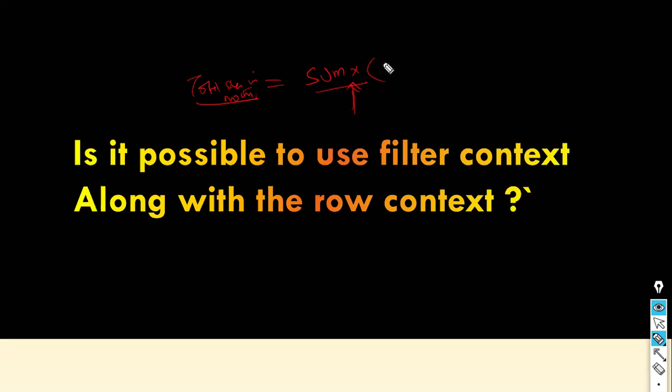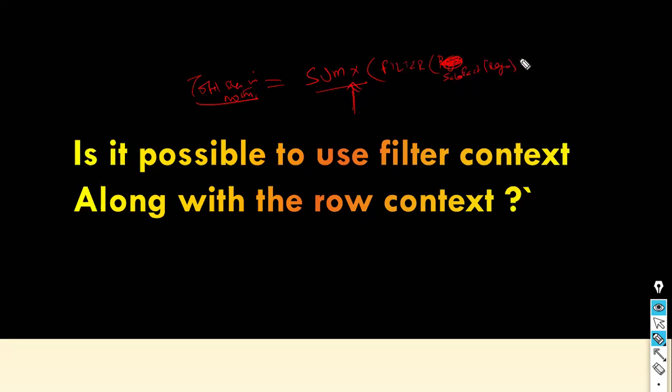The first argument for your iterative function is what? Excellent, Supriya, you are correct. It is a table. Instead of a table, you can use a filter, right? Filter is also an iterative function. In the first argument, for example, I'm going to use the sales fact table, and region is a column name.